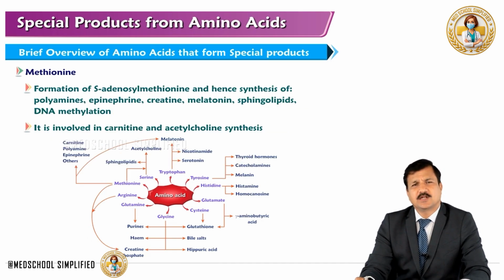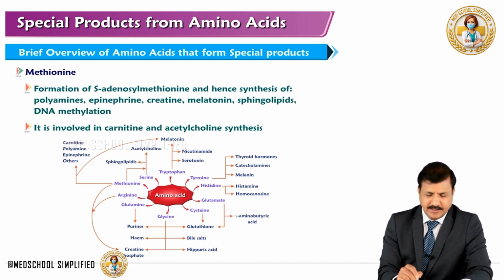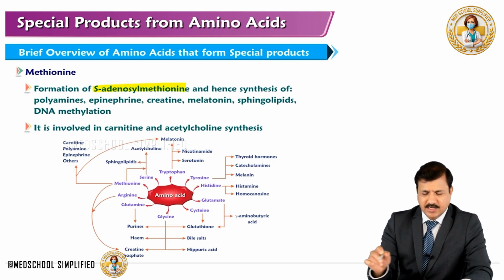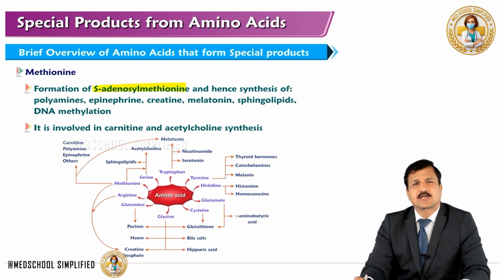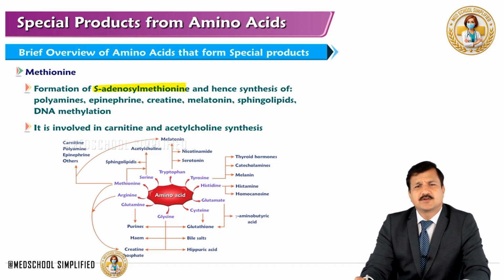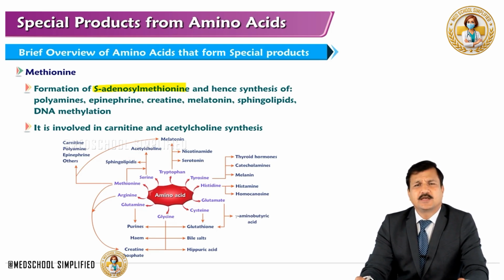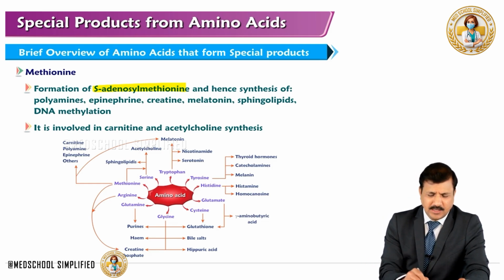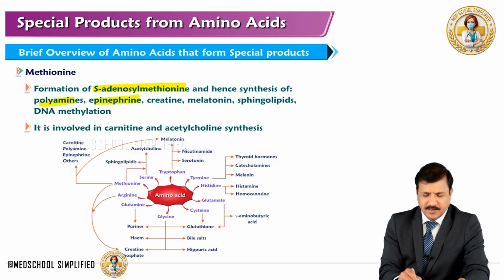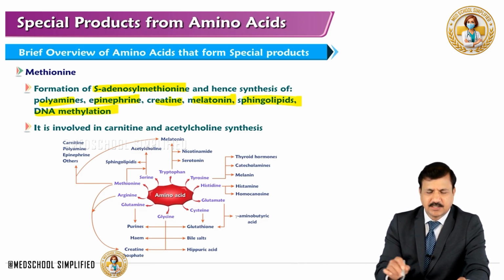Coming to special products that come from methionine. S-adenosyl-methionine comes from methionine, and S-adenosyl-methionine is involved in so many methylation reactions, especially the methyl group donated in the formation of special products like polyamine formation, epinephrine synthesis, creatine synthesis, melatonin formation, sphingolipids, DNA methylation.